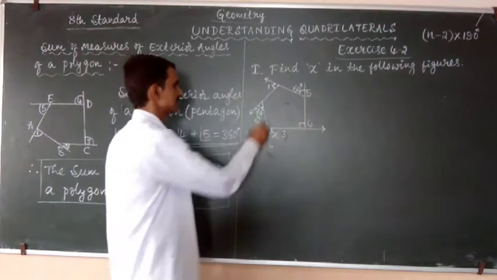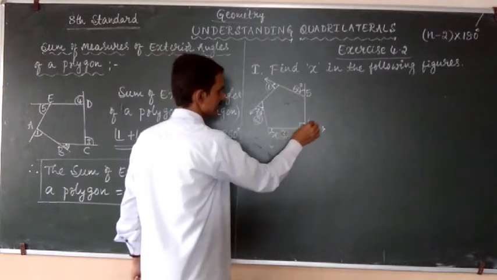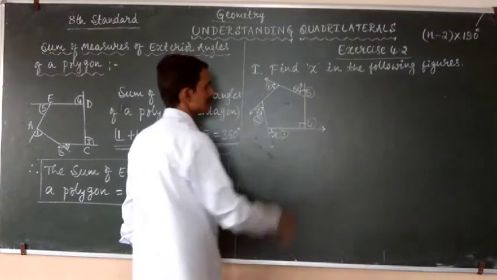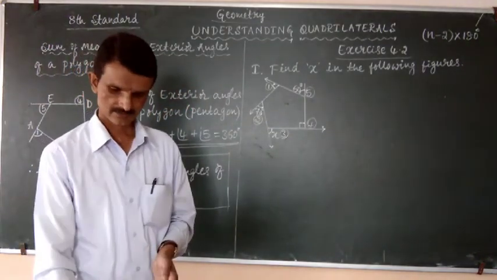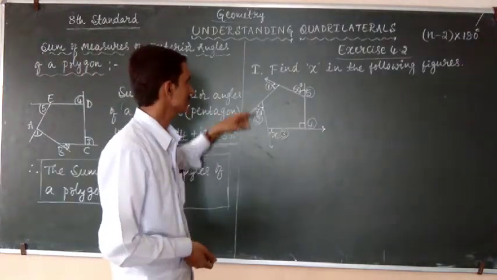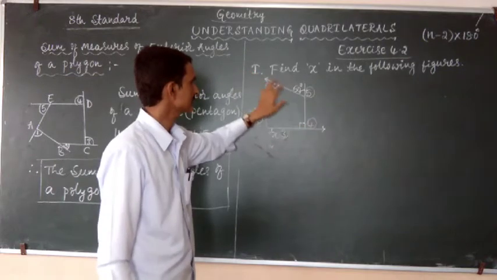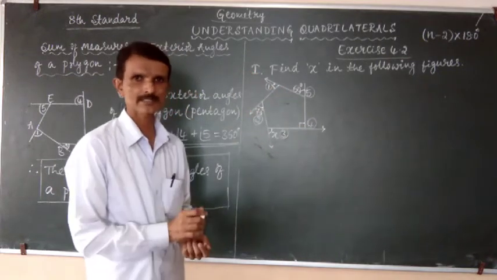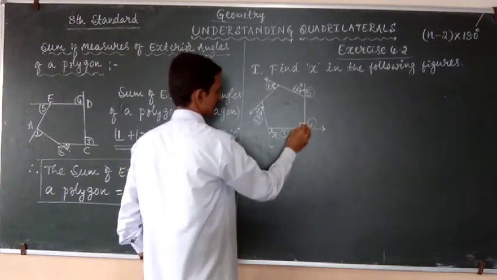If you observe these exterior angles, some of them are directly given in the measurement, whereas angles 1 and 4 are not given directly, but they are marked with the right angle symbol.